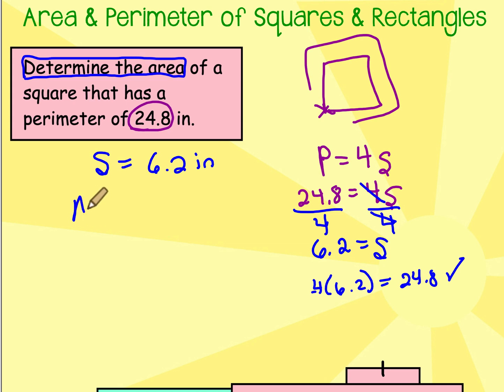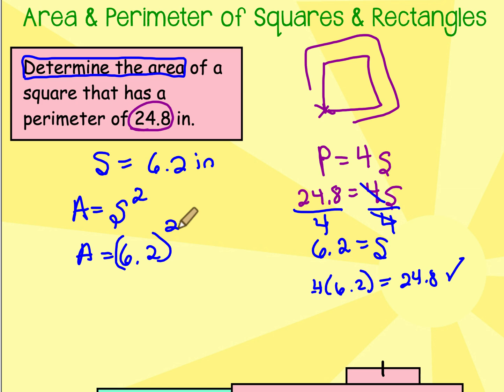Well, the area formula says for a square, the length of one side squared is how I figure out what the area is. So now that I found the length of one side, I could go ahead and replace the side length with the 6 and 2/10 and square it.